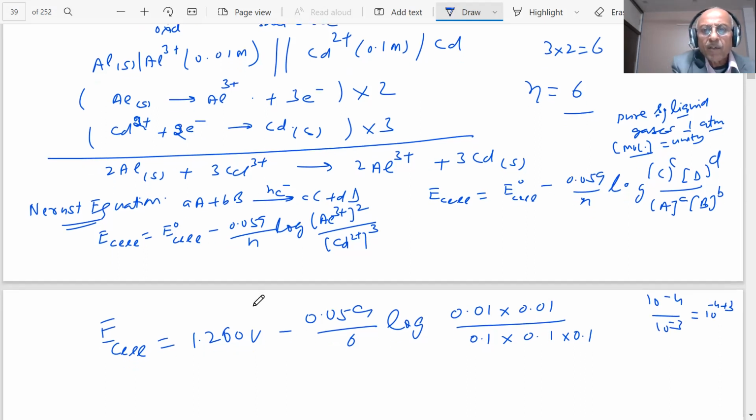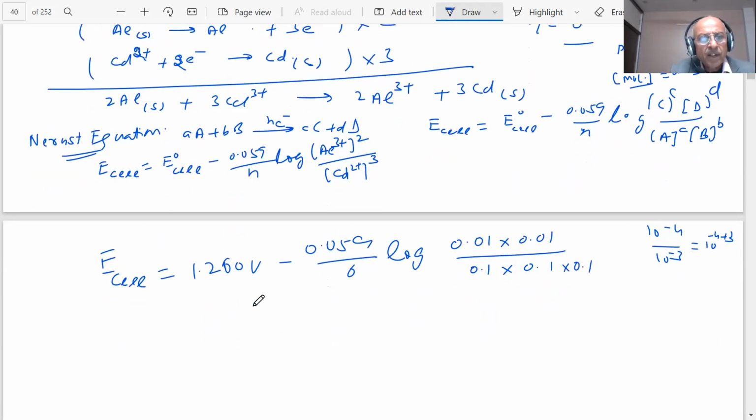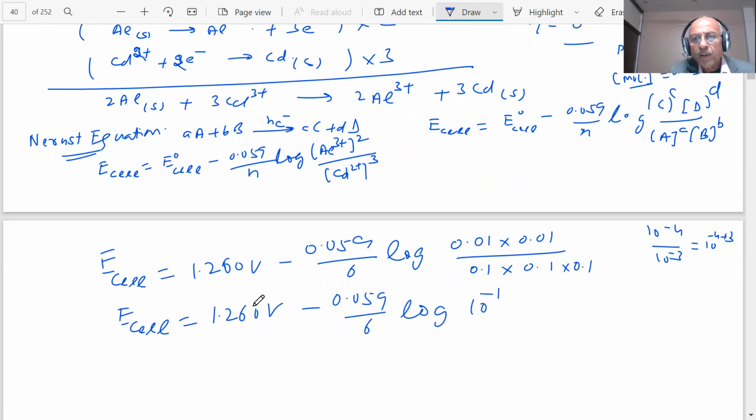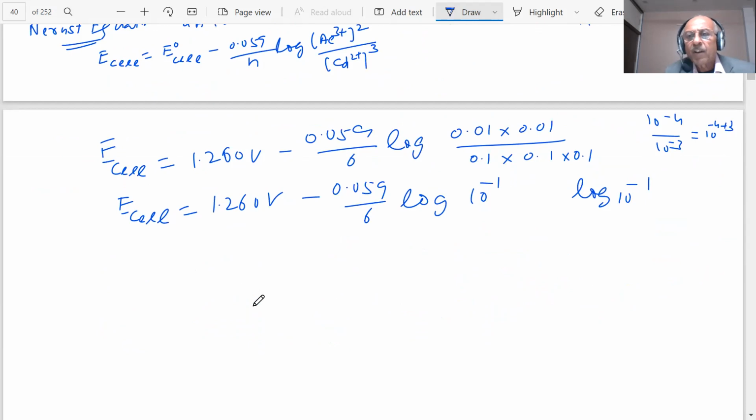What do we get then? E cell is equal to 1.260 volt minus 0.059 by 6 log of 10 to the minus 1. And what will be log of 10 to the minus 1, students? That will be minus 1 log 10. Log 10 is 1.